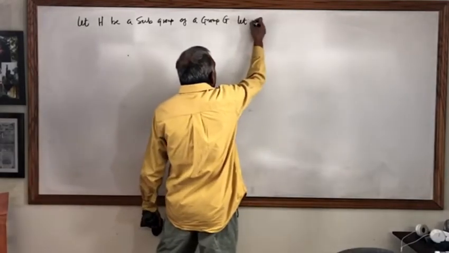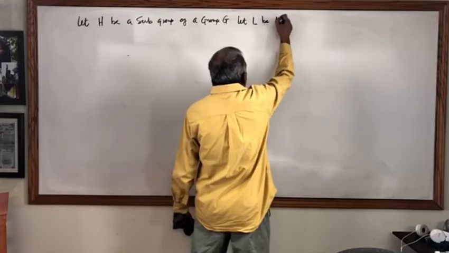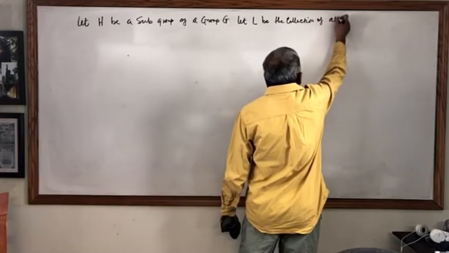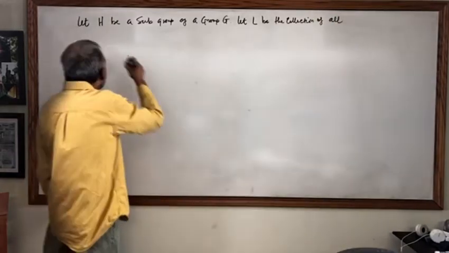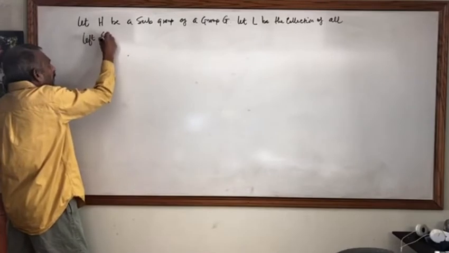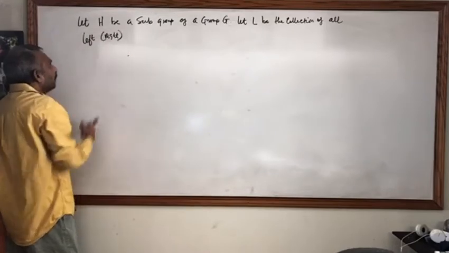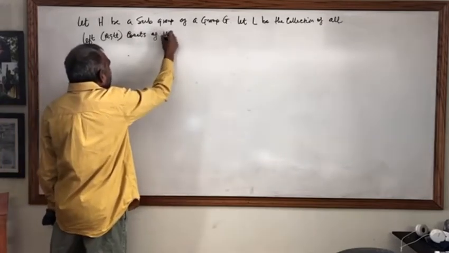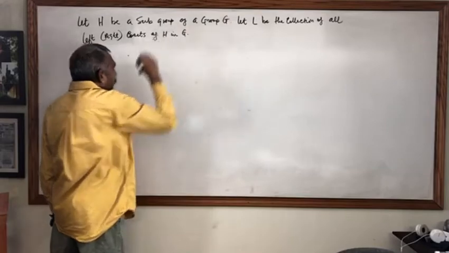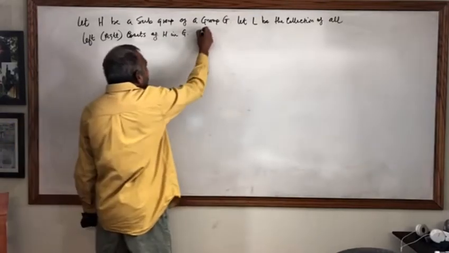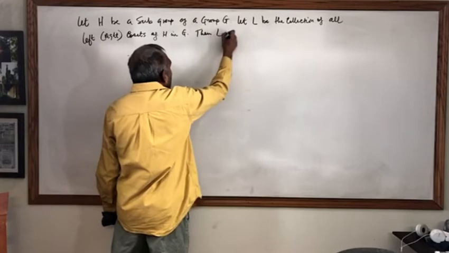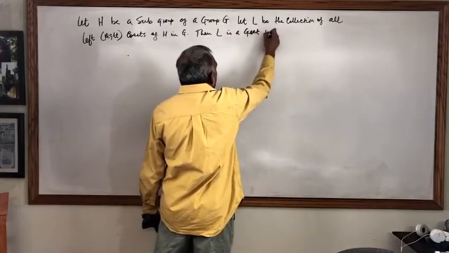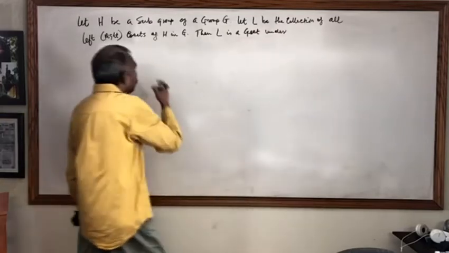Let L be the collection of all left or right, we are going to try left only, left cosets of H in G. Then L is a G set under the following action.